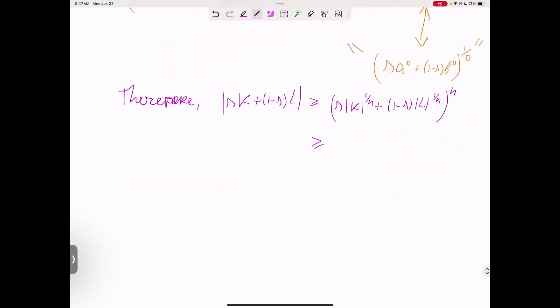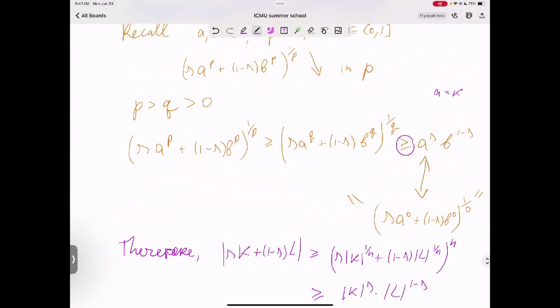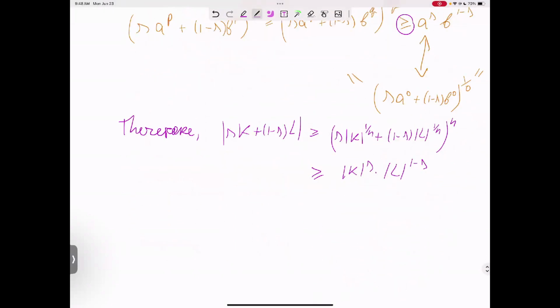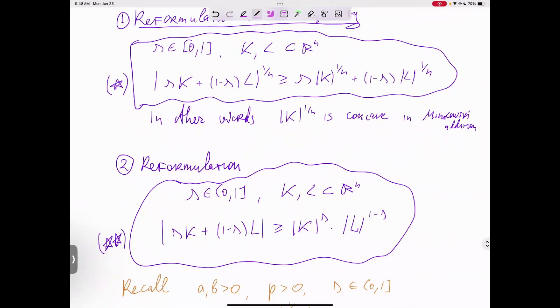And this is going to be bigger than the volume of K to the power lambda times the volume of L to the power 1 minus lambda, just by applying this inequality to a equal to the volume of K and b equal to the volume of L, right? So in other words, inequality star implies inequality double star. So you see, the multiplicative formulation follows from the additive formulation that I wrote above.